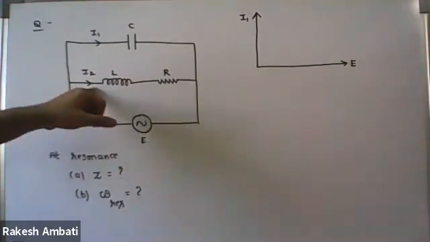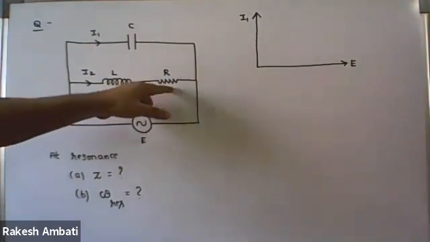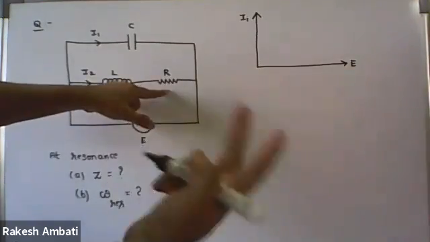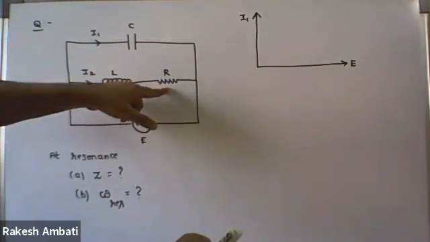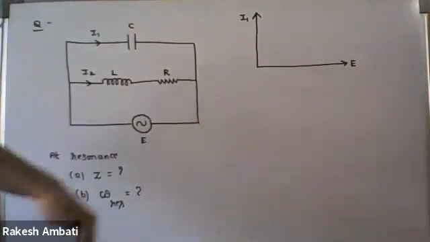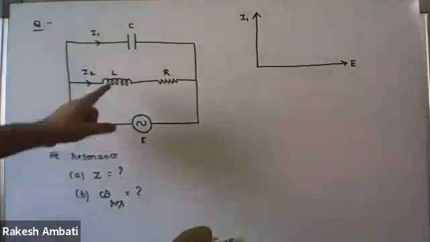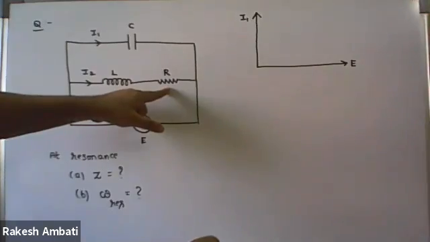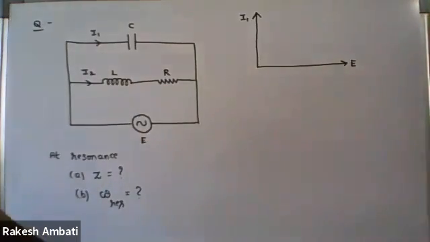Then coming to the second branch, it is an LR circuit. In an LR circuit, with respect to EMF, does the current lead or lag? The current lags. By how much angle? Not pi/2, because it is not purely inductive.